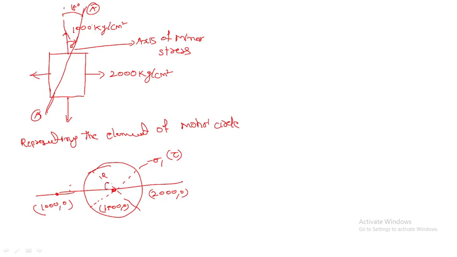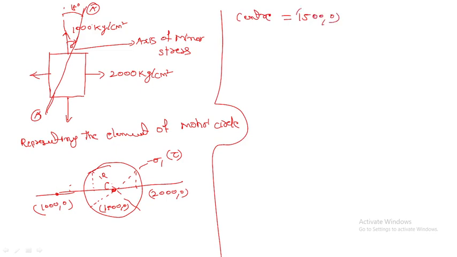Now we have to calculate this one, so we can take it like this. Now at the center, what we can say is that it is 1500 comma 0.